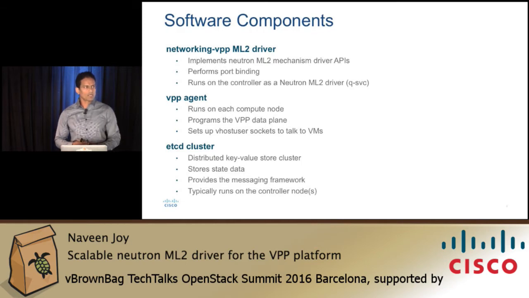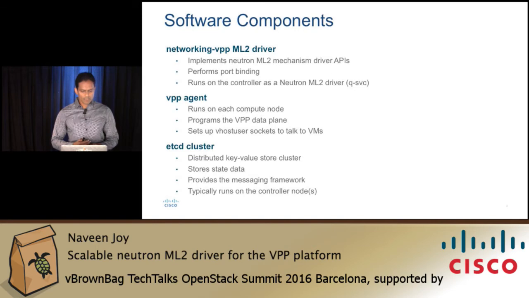Using the driver and Neutron APIs, you'll be able to easily consume a lot of the capabilities presented by that vSwitch. It performs port binding. It runs on the controller as a Neutron ML2 driver, basically in neutron-server. So you just replace the driver, like if you're using the OVS mechanism driver, replace it with the networking VPP mechanism driver, and you'll be ready to go.